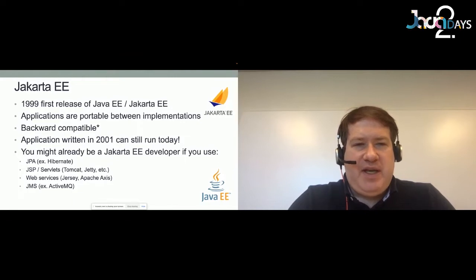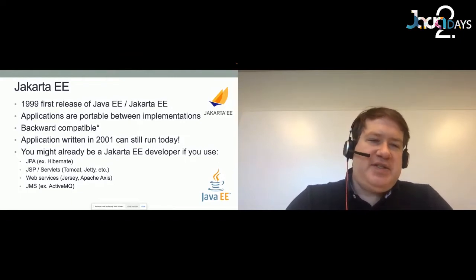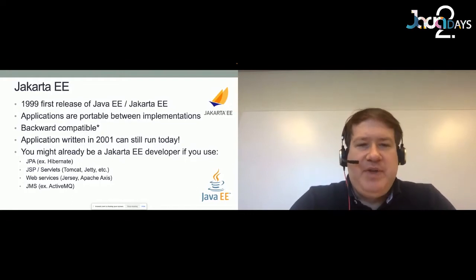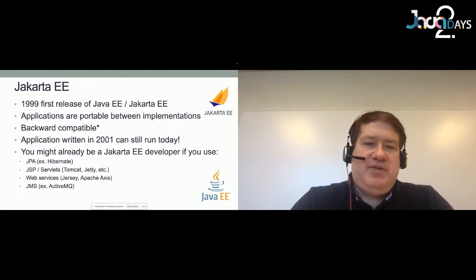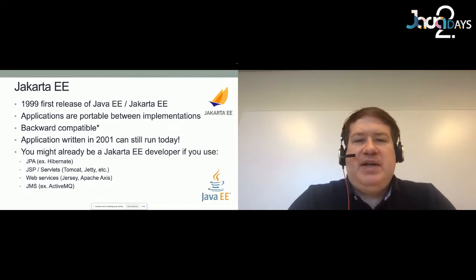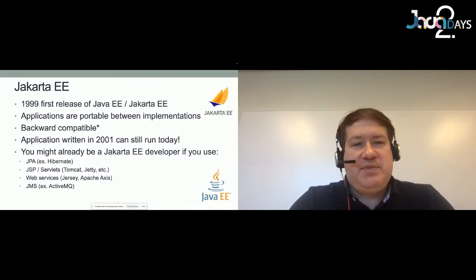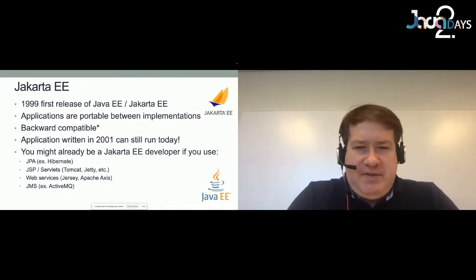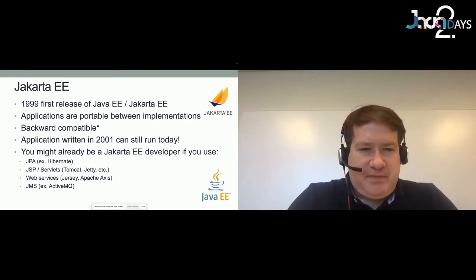As I mentioned, applications are portable between implementations. It has throughout its history been backward compatible, which means that an application written in 2001 you can still compile and run today. You can't say that of many technologies out there, because with most things, after a couple of years, if you don't upgrade, it's near impossible.